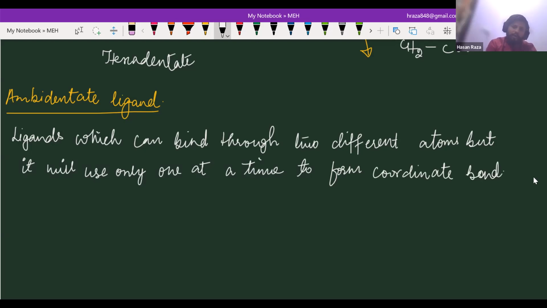This type of ligand is known as an ambidentate ligand.